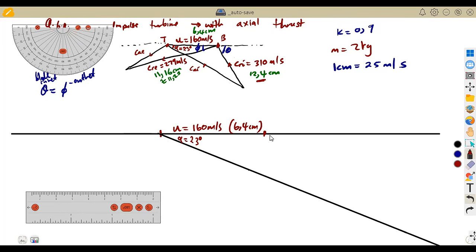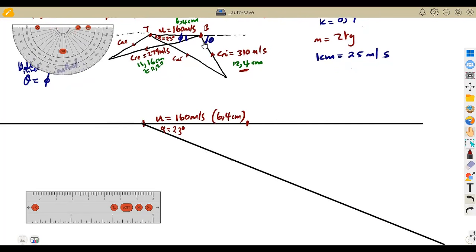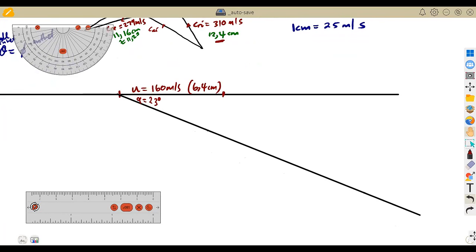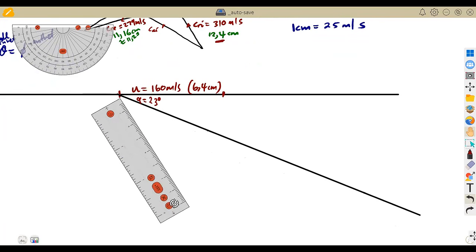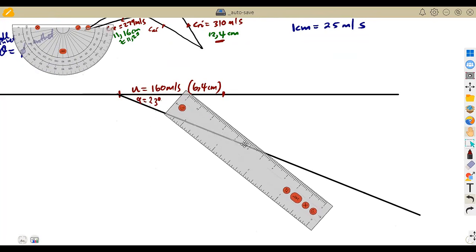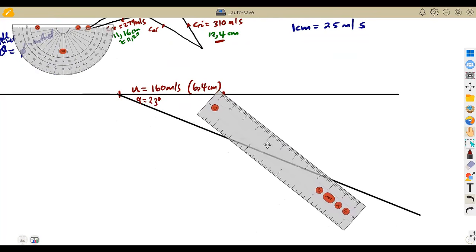If we measure 12,4, where it reaches or meets the line, we can have the starting point of our turbine. So here we're just going to measure 12,4 centimeters. From this point, we put it this way, at the end point of the blade here. This is what we need.